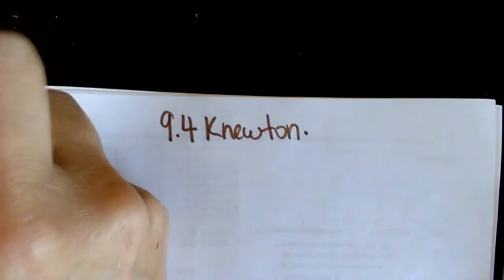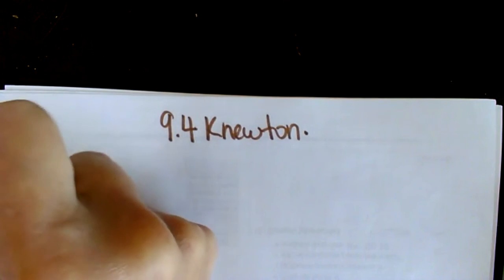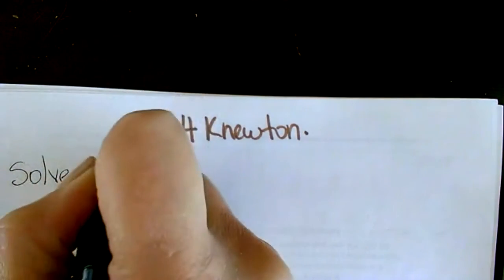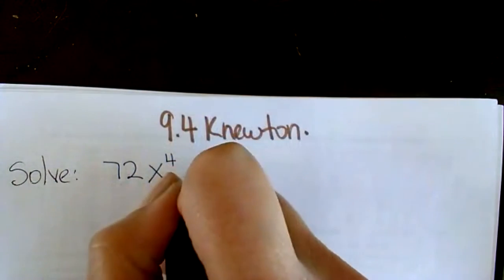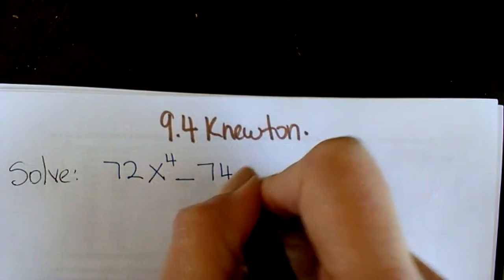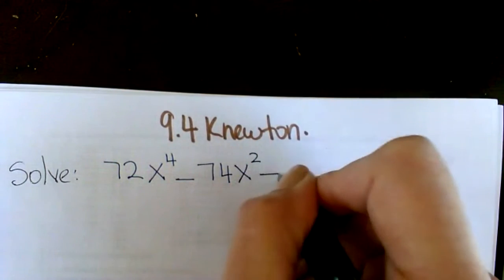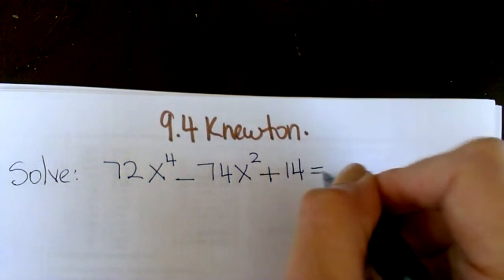This one says solve, and I have 72x to the fourth minus 74x to the second plus 14.